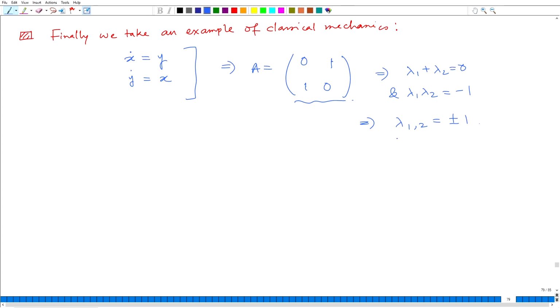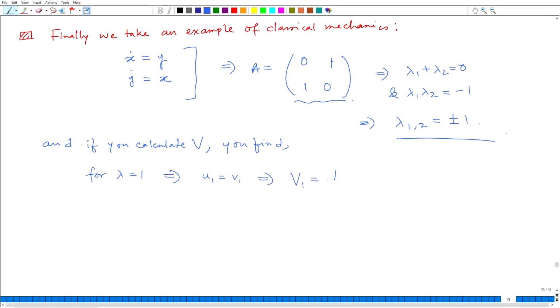So, they are also the case of distinct eigenvalues, and if you calculate V, you find for lambda is equal to 1, small u1 is equal to v1, and so capital V1 is nothing but 1 over root 2 (1, 1), and for lambda is equal to minus 1, okay, u2 is equal to minus v2, and that gives you capital V2 is equal to 1 over root 2 (1, minus 1).